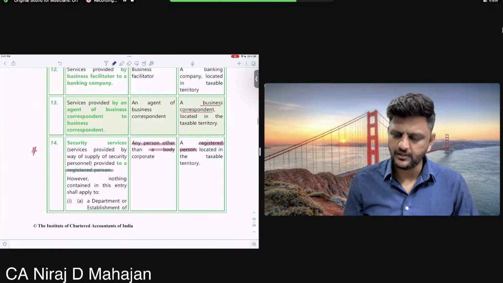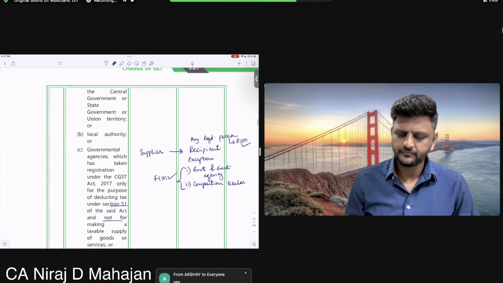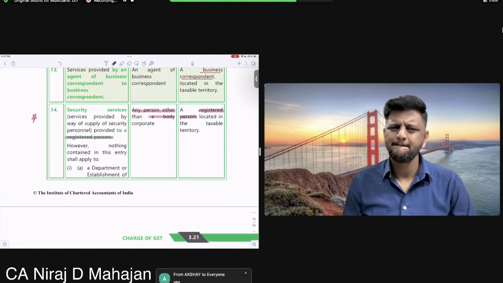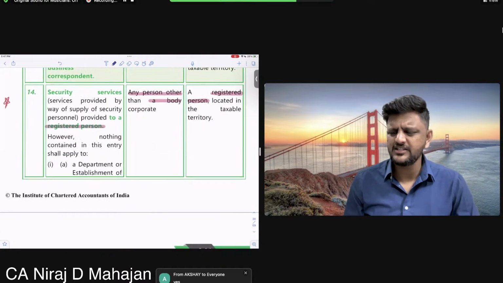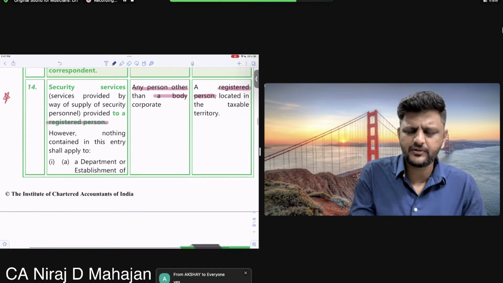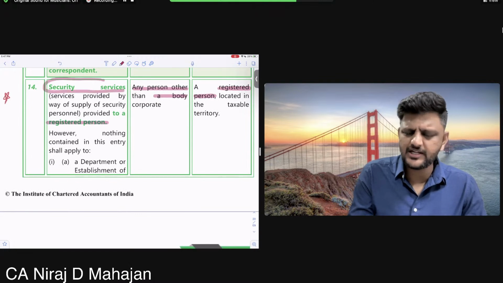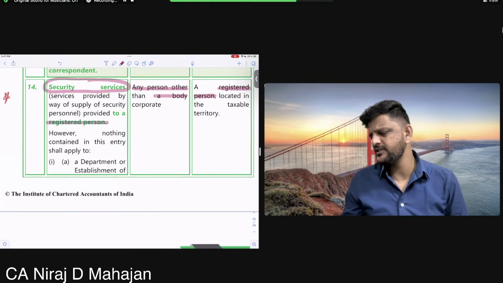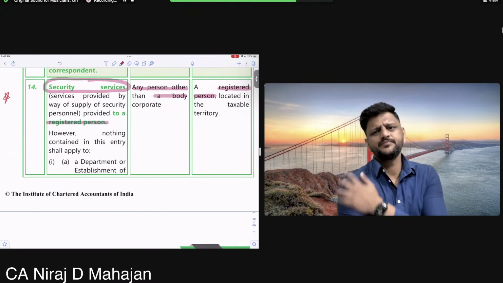This was security personnel, no? But other than a body corporate. This, bachcho, in a way, falls in the category of labor supply, by the way, okay? Security service is nothing but labor supply only. You are giving it. That security agency services, remember or no?